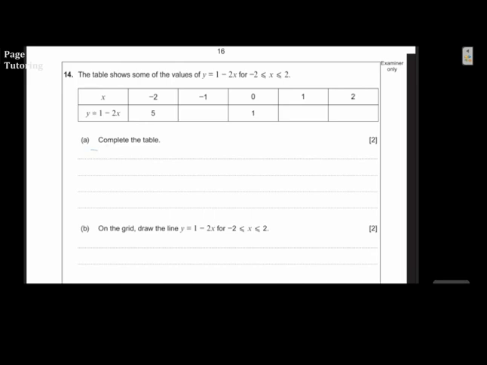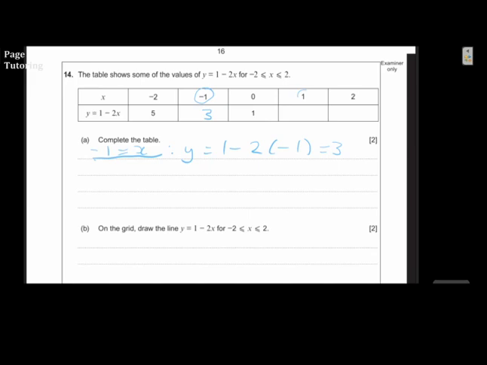So if we're going to do for x equals -1, so this one here, we're going to get y is equal to 1 minus 2 times -1. So that would give 3. Because the -2 times -1 will become just 2, and then you're adding 1, so that's 3.